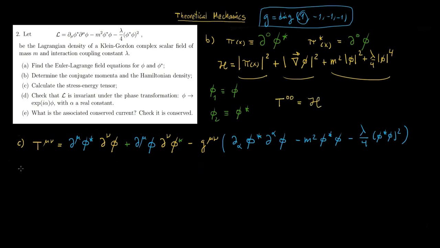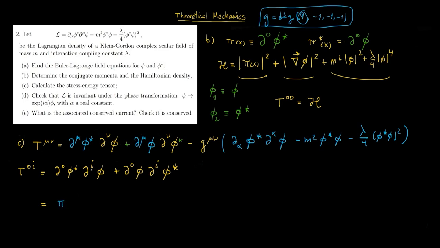Let's calculate G0i. This will give us partial 0 phi star partial i phi plus partial 0 phi partial i phi star, and 0, because G is diagonal and G0i is 0. So this is pi.